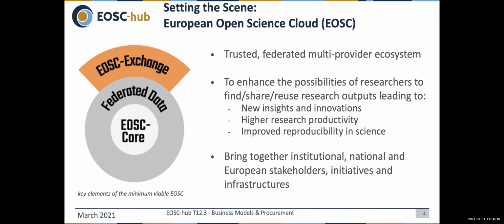Then we have the research data layer, and then we have the EOSC Exchange, which is meant to be a marketplace where providers offering research-facing services will be able to connect and deliver services for research. Then the idea is that in the EOSC Exchange, researchers can find both horizontal common capabilities or more domain-specific services or research data.